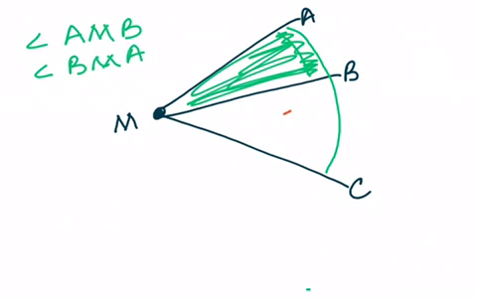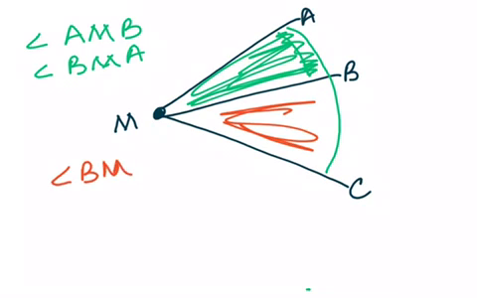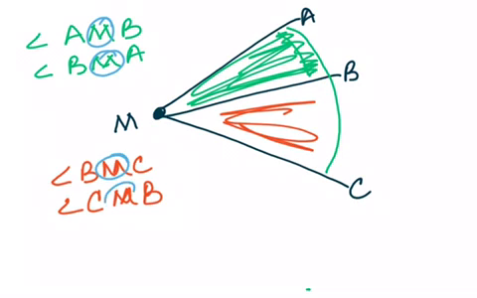And then this one down here, I can call it angle BMC, or I could call it angle CMB. But in any case, notice that we still have the middle vertex right in the center each time. So make sure that you understand that.